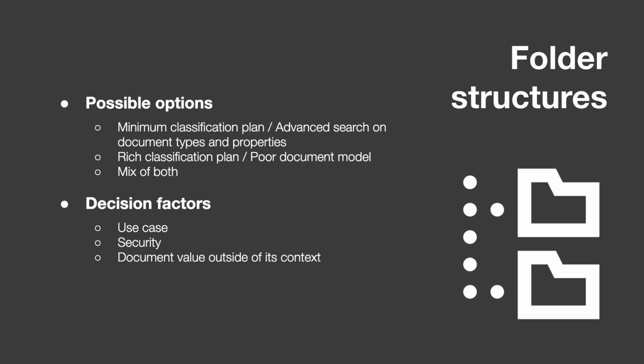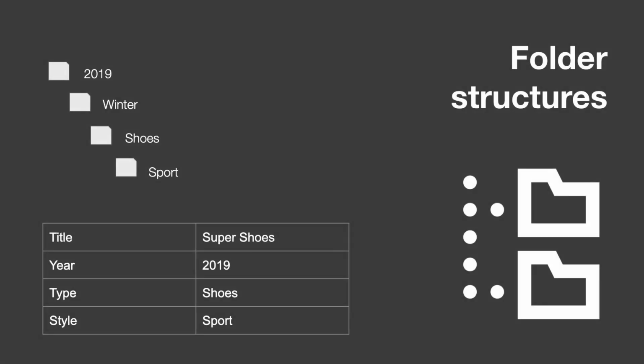And finally, if we are storing documents inside a complex folder structure without creating document types and properties, because we think that the document location brings enough value, then you don't have to forget that if you extract this document from its context, you will lose a lot of information. So here, my recommendation is to store within the document some information of the folder location and to parse the document path.